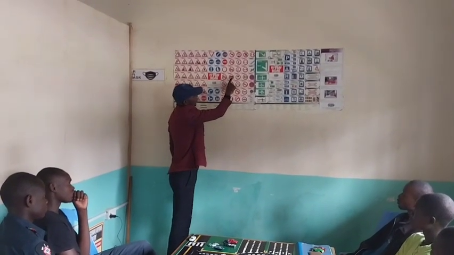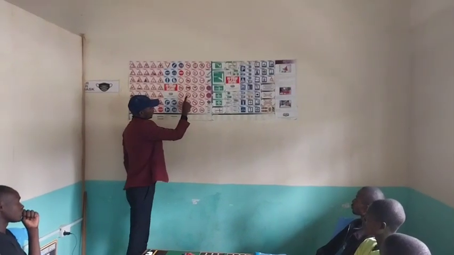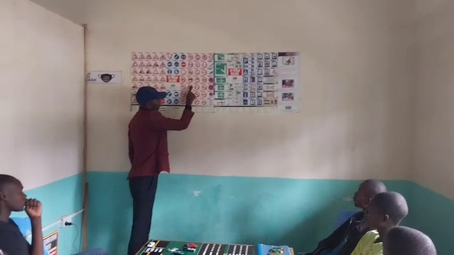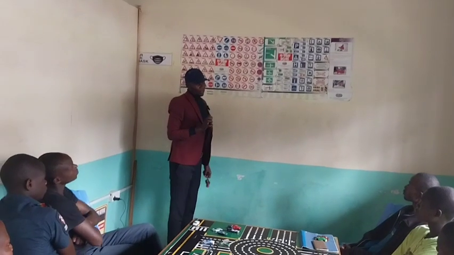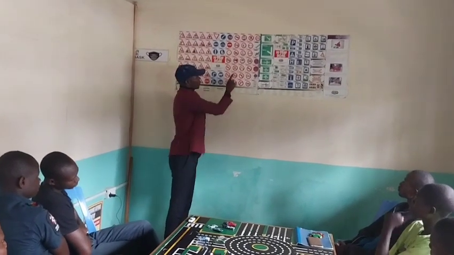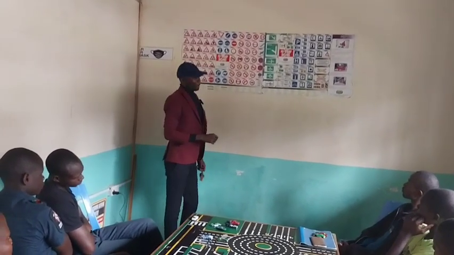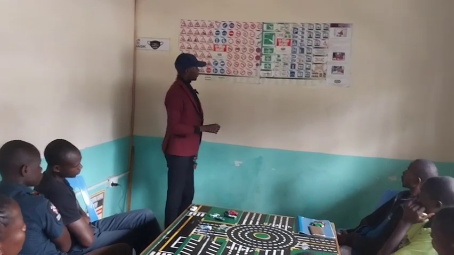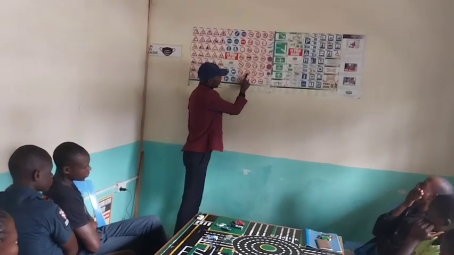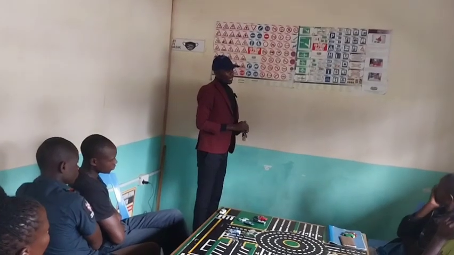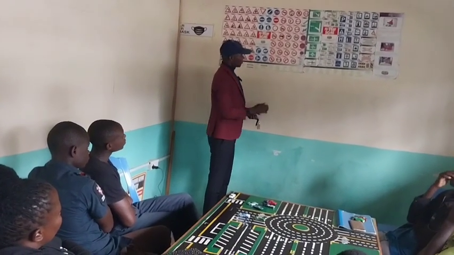No entry for a commercial vehicle. Where there's a vehicle and motorcycle, you now talk of power-driven machine. So no entry for power-driven machines. Then no entry for both power-driven machines and animal-drawn vehicles.